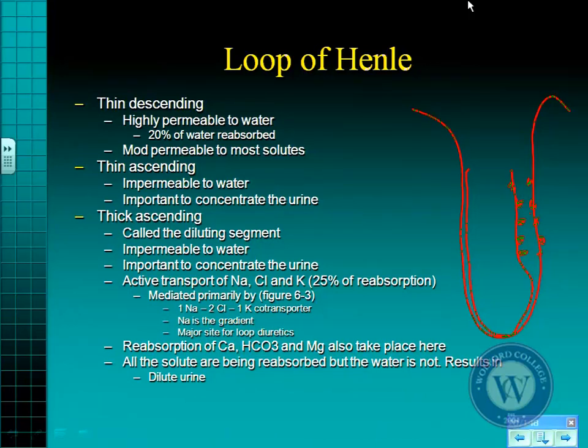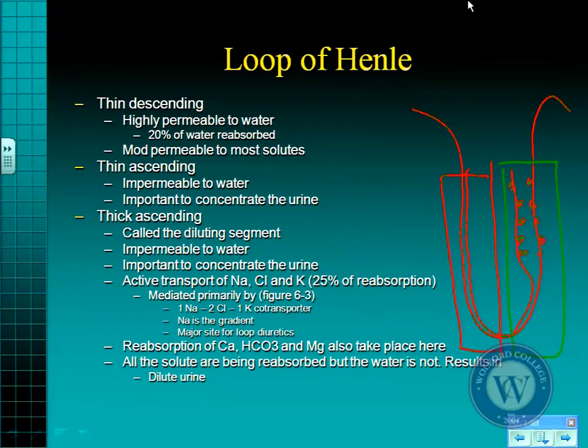If you look at the thin descending portion, this area here is highly permeable to water. Highly permeable to water. On the other hand, the ascending portion becomes impermeable to water. It does not let water come across.